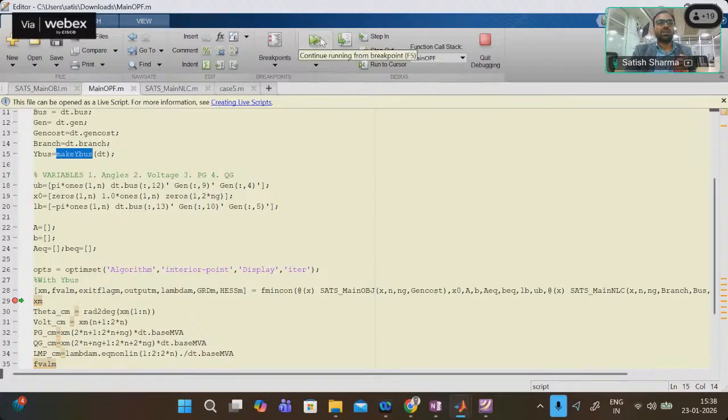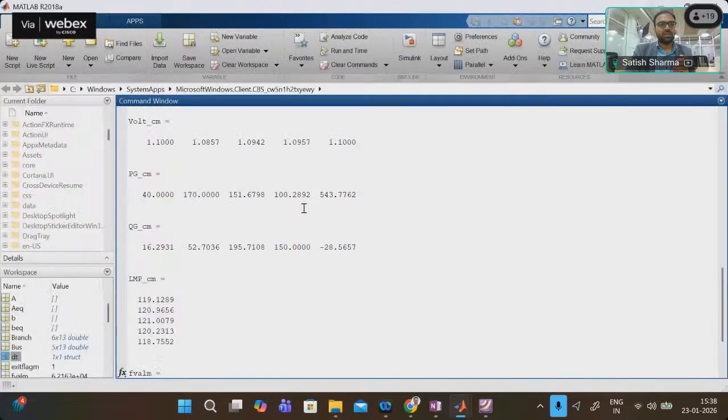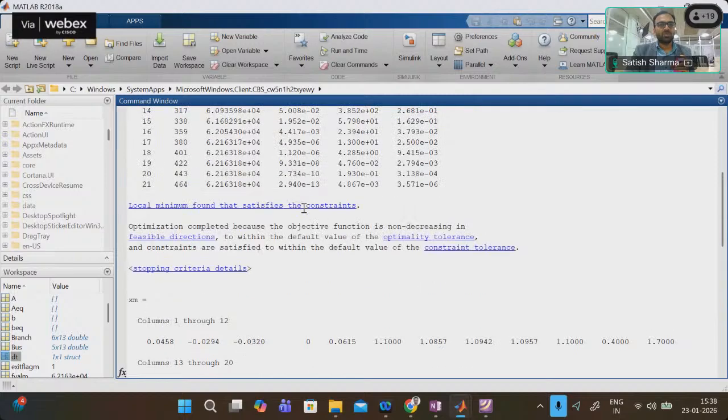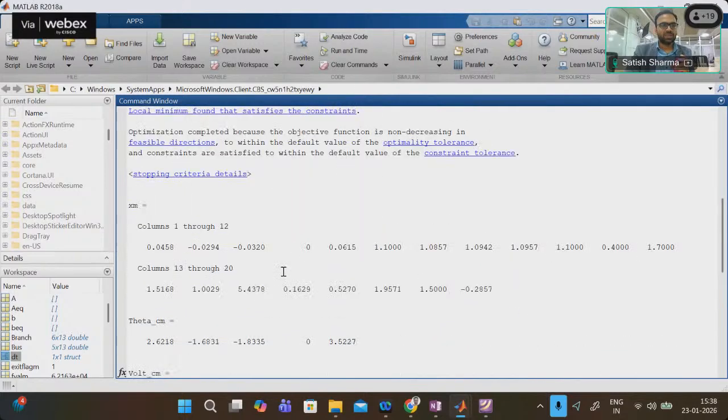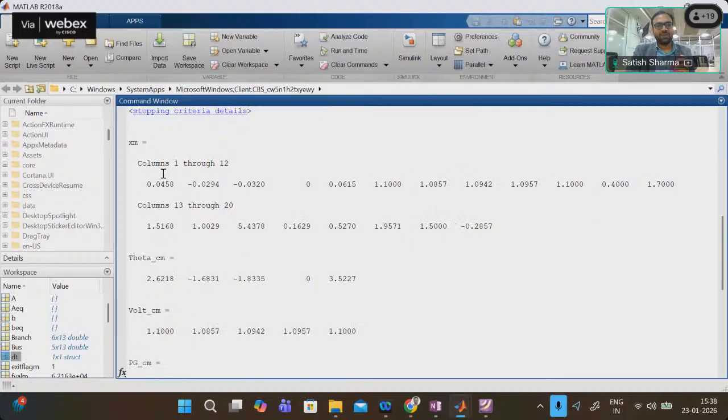Okay, so next part is, let's see the results. Let me continue and complete the execution and look at the results. These are the different iterations. Local minimum found that satisfies the constraints, and these are the different x values, and then I have calculated theta. Theta was the angle, placed as we defined it in the very beginning, and there were 5 buses.